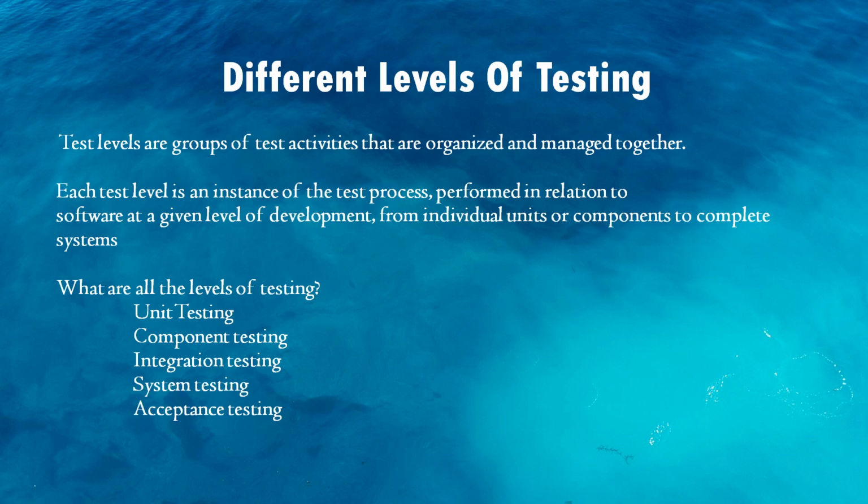Why do we call it a level? We call it a level because while code is being written, we can do some testing. When a big chunk of code has been written, we can do testing at that level. When the code has been integrated, we can do testing in that area.